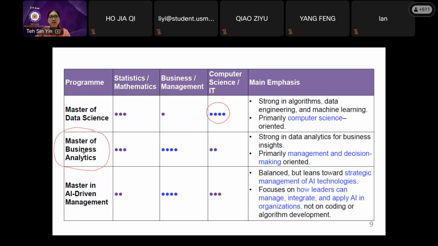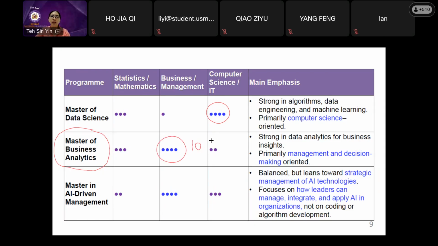For the Master of Business Analytics, our main focus is still on the business and management part. Out of the 10 core subjects that you need to take, most of them are still business and management subjects. You need to know a little about modeling, like machine learning models, and you learn statistics courses.